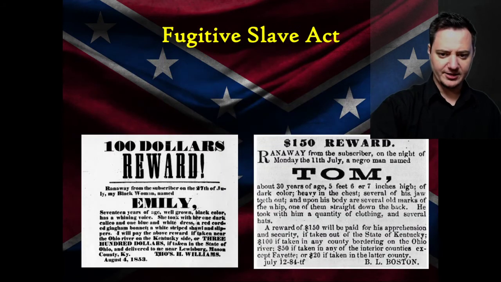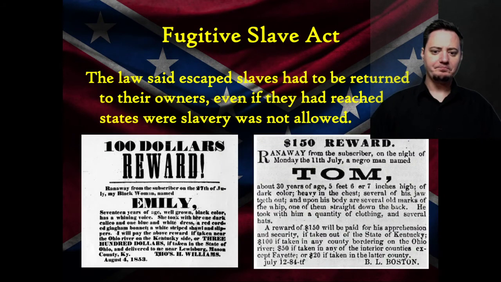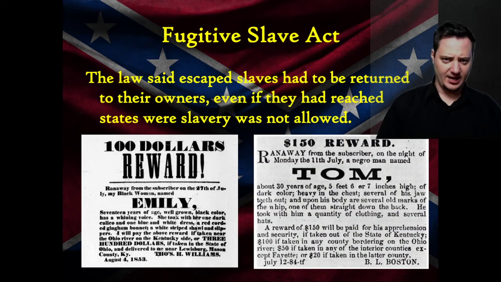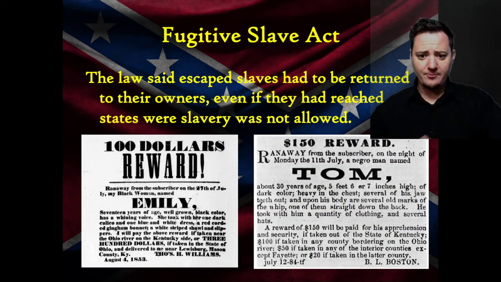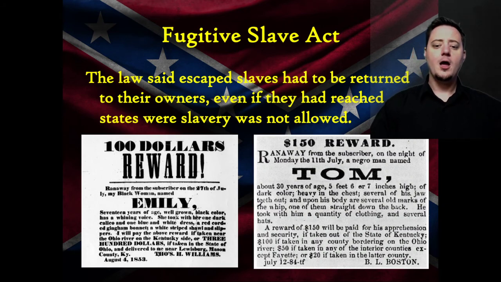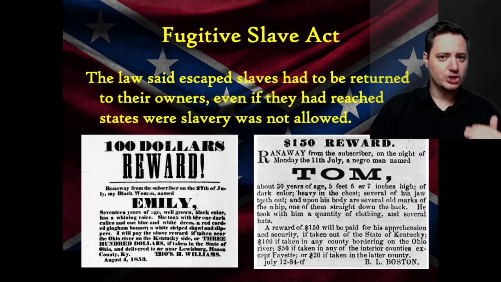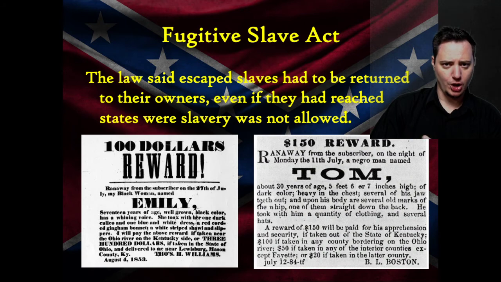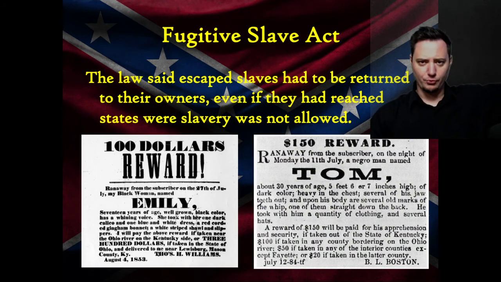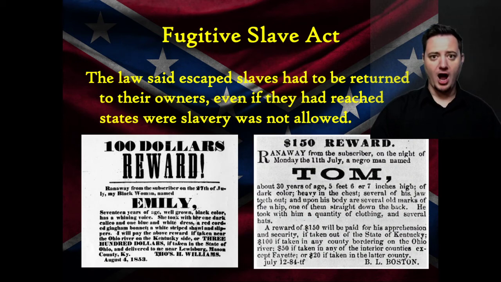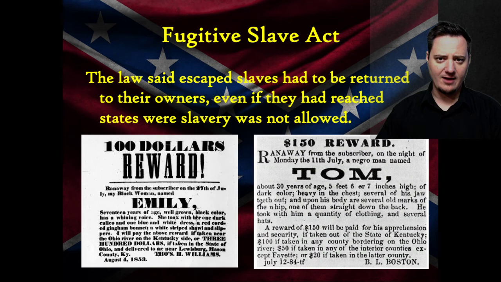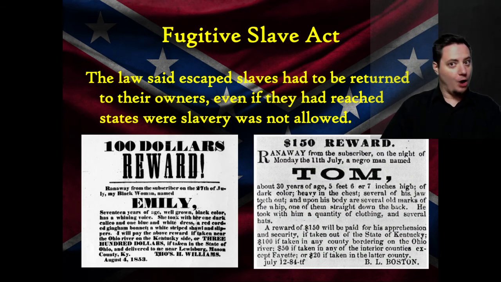So the Fugitive Slave Act says that any escaped slaves, so any slave that tries to escape from the South, away from their owners, and flees into the North, must be returned to their original owners, even though they have reached free land. And it makes it a crime for any Northerner to harbor, to protect any slave who is on their way to freedom.